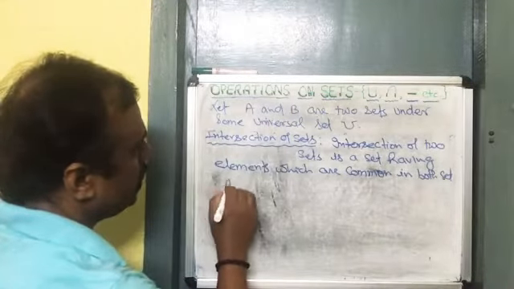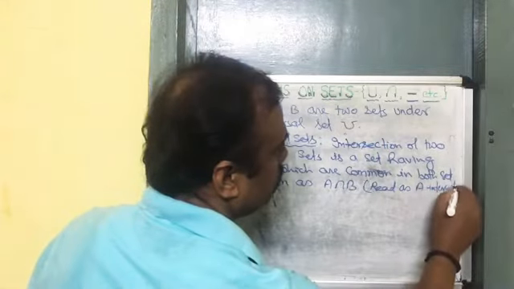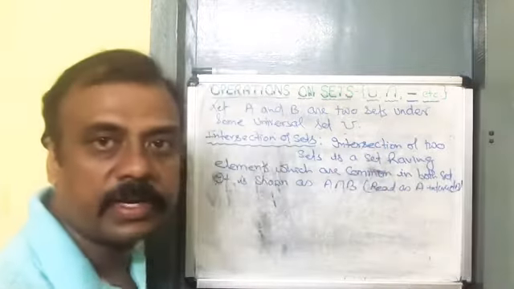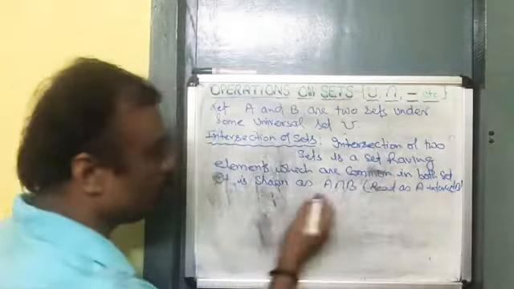It is shown as A intersection B, read as A intersection B. Now let us define it.